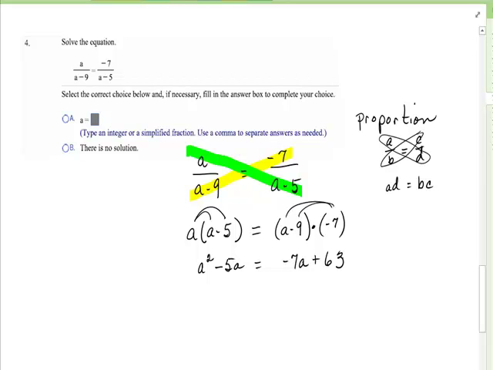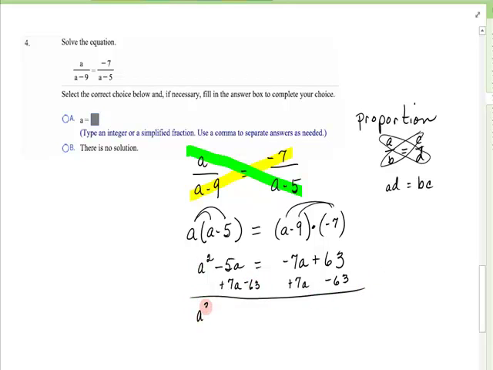Now, in this equation, you can see that it is quadratic. So from a previous lesson, you should remember that when it's a quadratic, we have to get it set equal to 0. That means I'm going to add 7a to both sides. I'm also going to subtract 63 from both sides, and I'm just doing both of those at once.